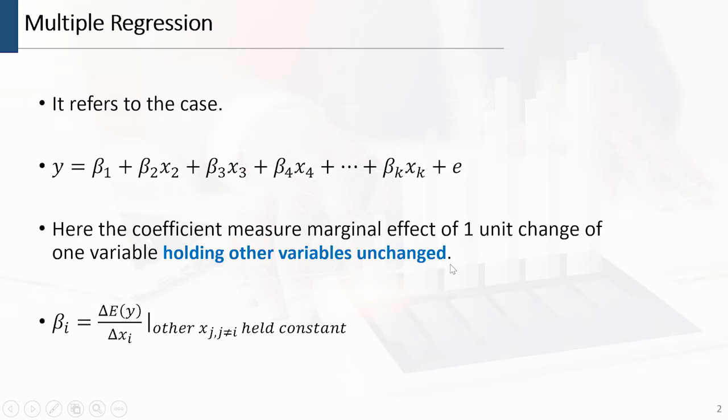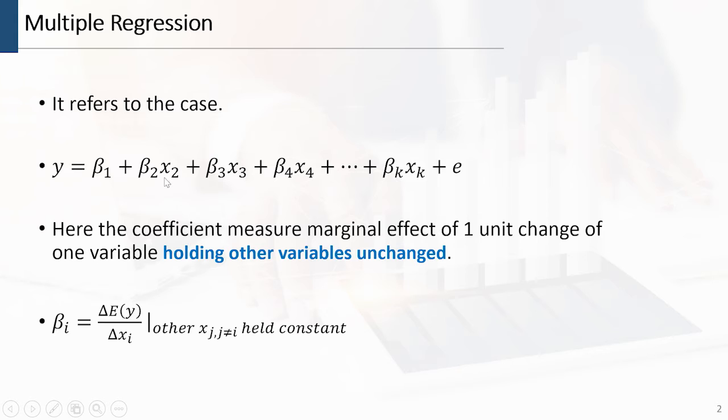Just recall that when we explain the coefficient of a single independent variable, it means that when x increases by 1 unit, how does y change in response to the change of x?